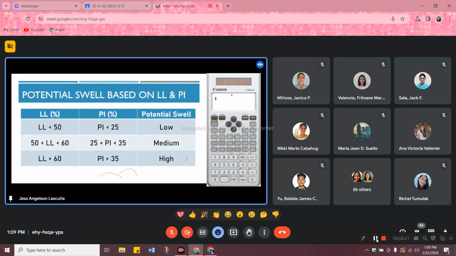So kana siya mahitabo usually if daghan ang naa nga clay material sa imong soil. Okay? So ang low potential swelling ari jud kaning mga very low to none nga present nga clay sa imong soil material.